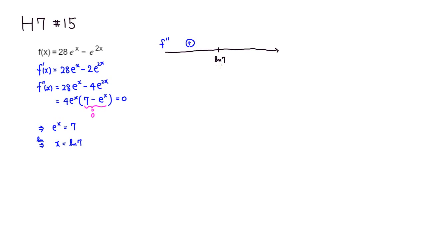And if you plug in anything bigger than natural log of 7, like 10, then 7 minus e to the 10 is going to be negative. Everything else is positive, so you have a negative here. Which tells us that the original function is going to be concave upward up to natural log of 7, and after that it's going to be concave downward because its second derivative is negative.